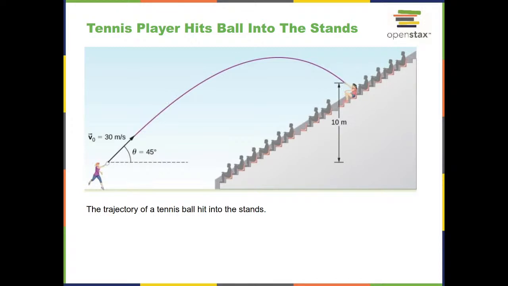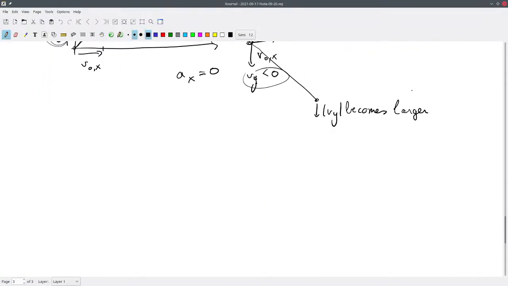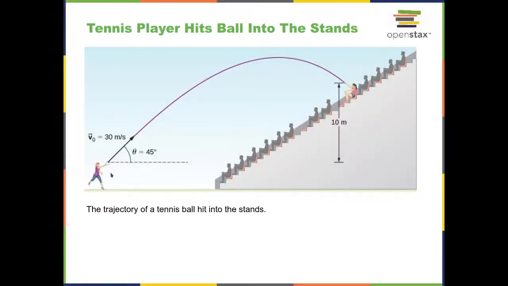So let's start writing that down. The question really is, when is y 10 meters, right? So that will be, when is y 10 meters? Y will be 10 meters when this fan here catches the ball.